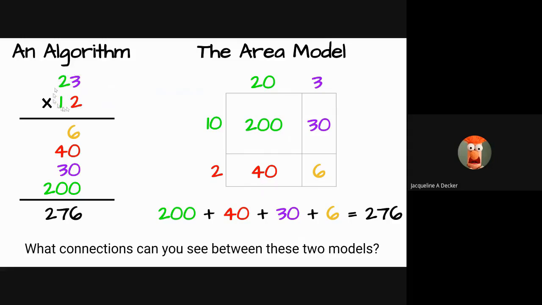Understanding what's actually happening in that algorithm is easier when students can see this visual model. One thing is that it just becomes so clear for students that you're not just doing 1 times 2. Absolutely.